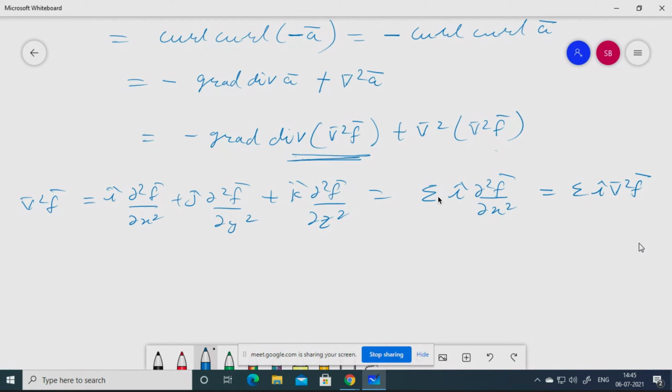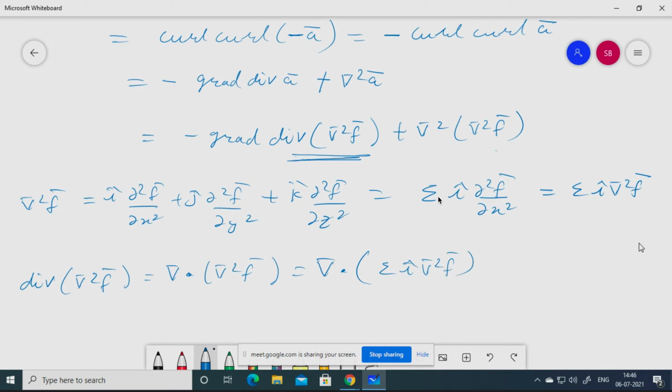Now I need to calculate divergence of this function. So divergence of del square f bar. Divergence means del dot del square f bar. That means del square f bar, with the summation, I write as summation i del square f bar.